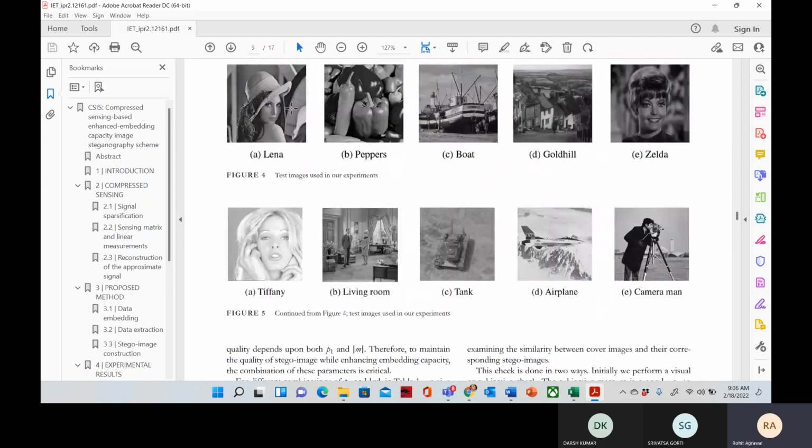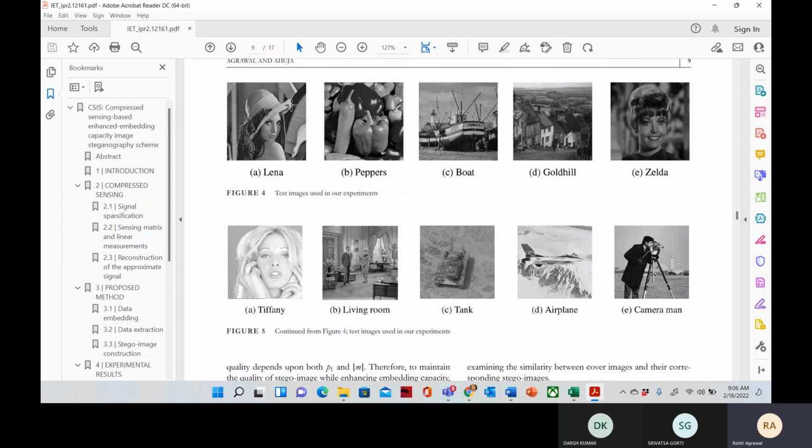I'm not directly using this image. What I am doing is transforming this image into frequency components. Do you know what an image is in computer science? An image is just a matrix. For a grayscale image, it is a two-dimensional matrix. For a color image, it is a three-dimensional matrix.